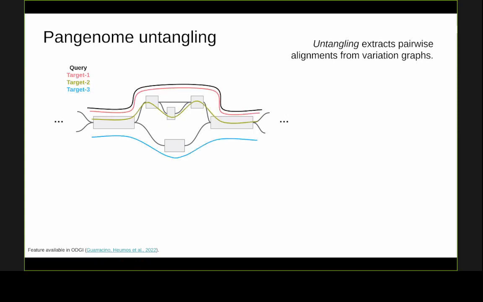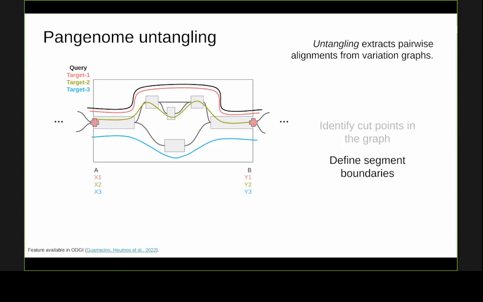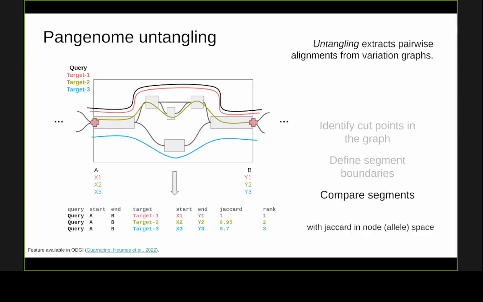Untangling, as I mentioned before, is taking the graph and converting it into pairwise alignments. So in this case, we have the query, and only these target reference chromosomes. An algorithm will segment the graph. And then in every segment, we use a Jaccard metric over the allele space, the node space of the graph, to make a mapping, in effect.